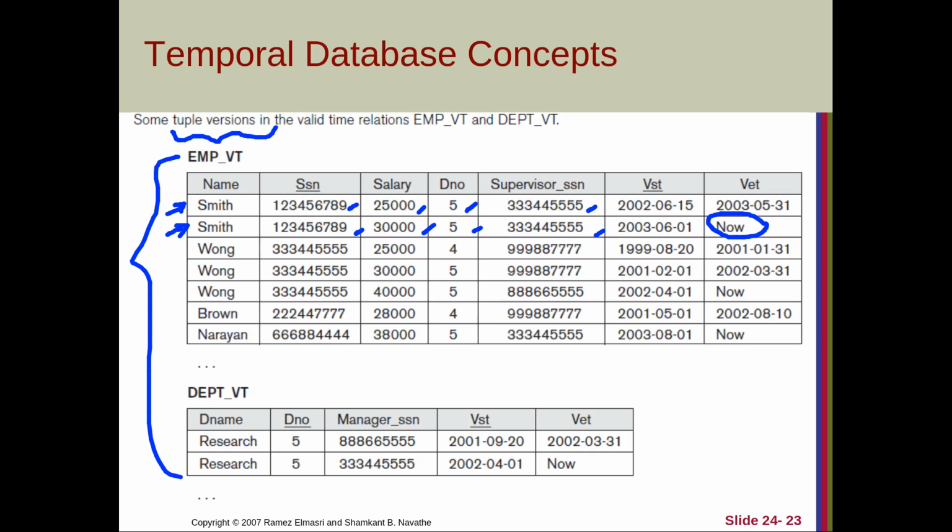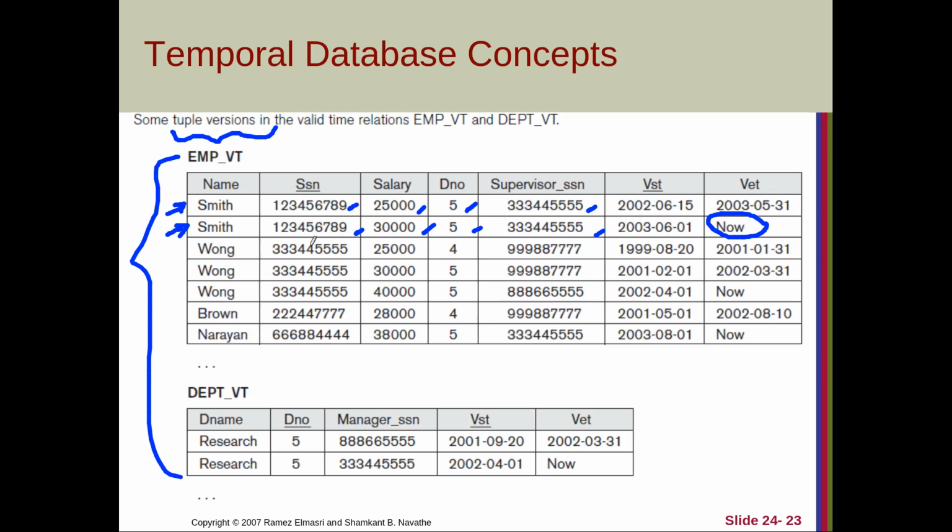Now if any tuple has a valid end time with a date, that means it is history that happened before. So the currently active tuple will have the valid end time with the special value called now.